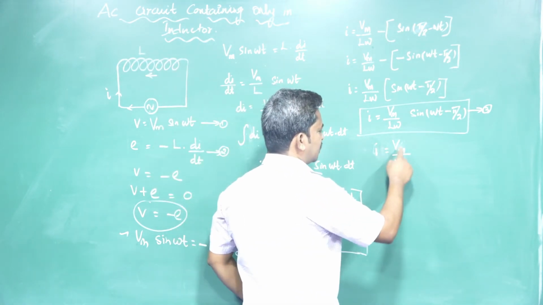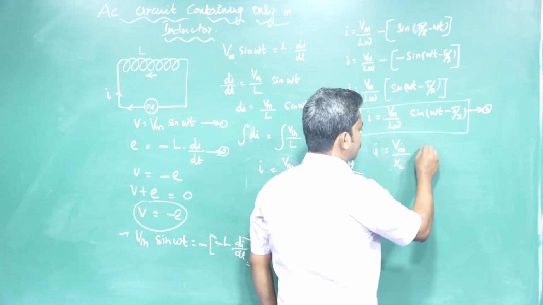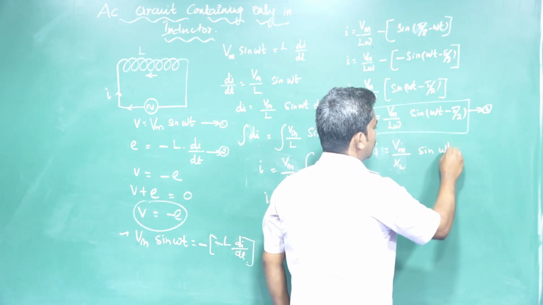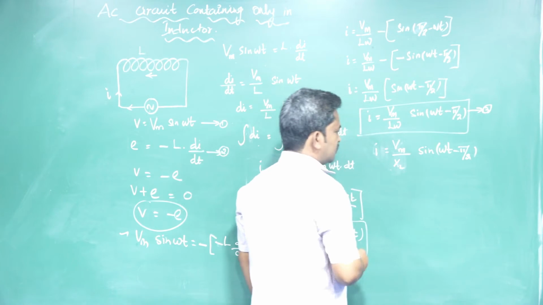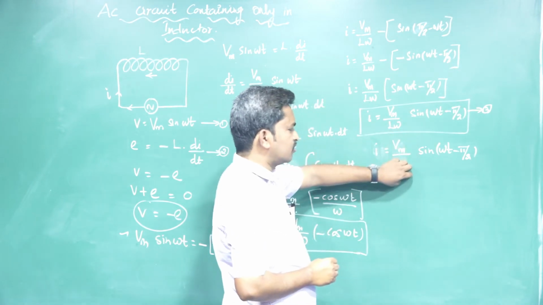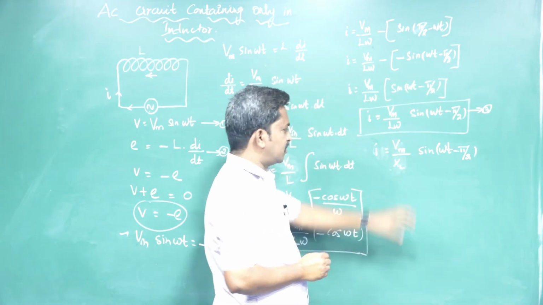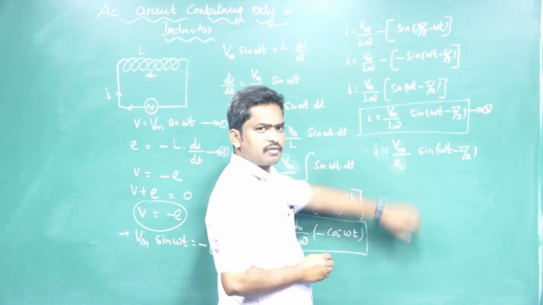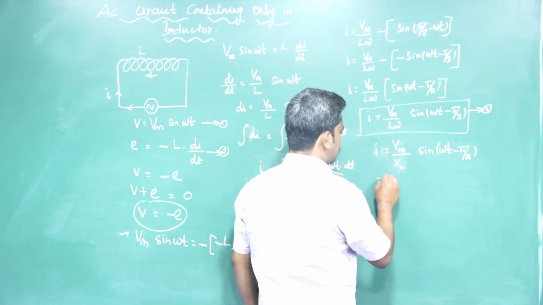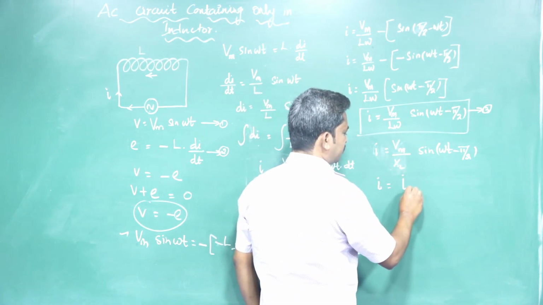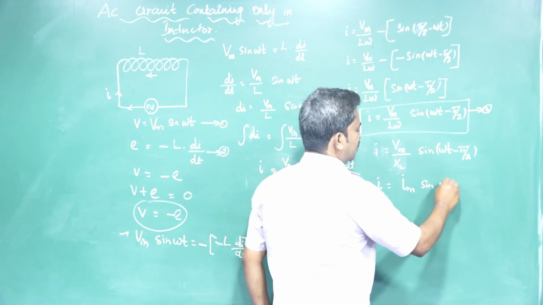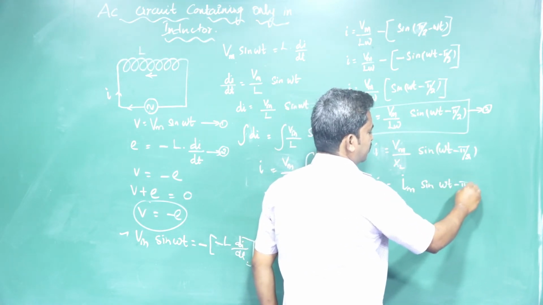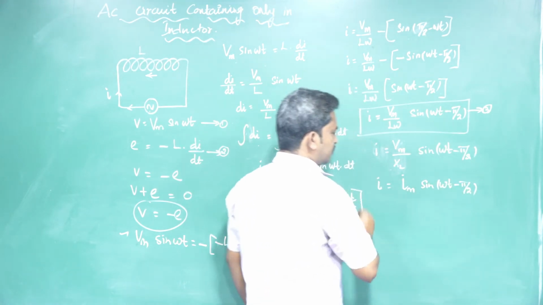So omega L, Vm divided by XL into sin omega t minus pi by 2. Voltage divided by resistance, you know well, is the current. So maximum voltage divided by resistance is equal to current. So I is equal to I maximum, Im sin omega t minus pi by 2.